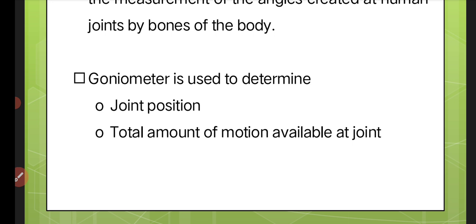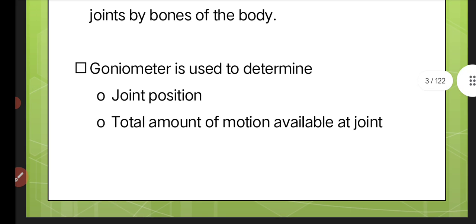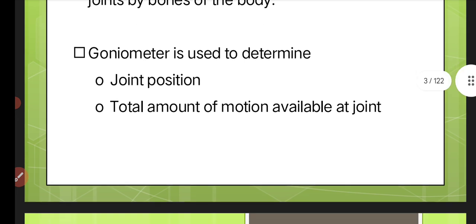Suppose in shoulder flexion, the total motion is 0 to 180 degrees. The available joint motion is either 0 to 180 or restricted to 120 degrees. We will know this from the goniometer.